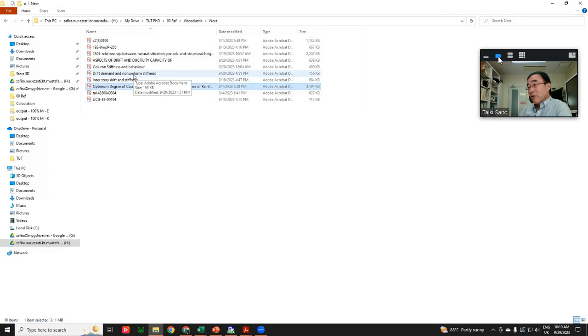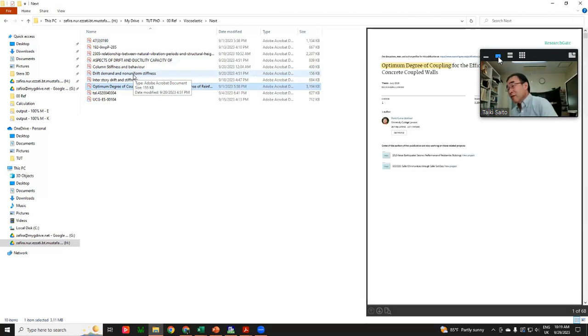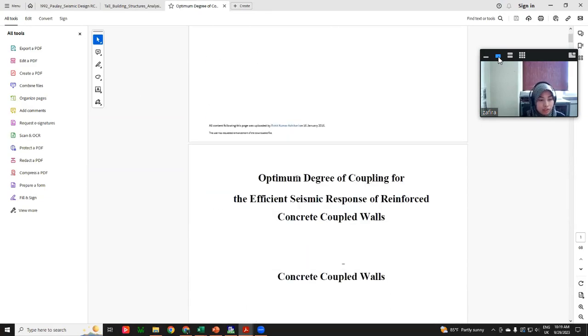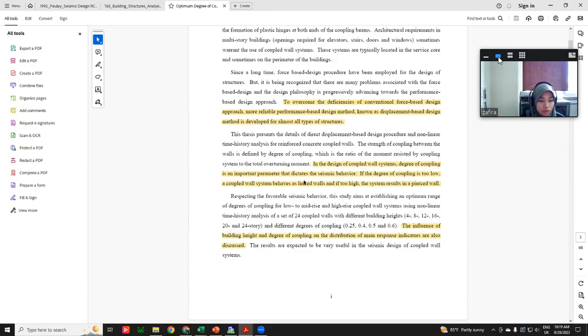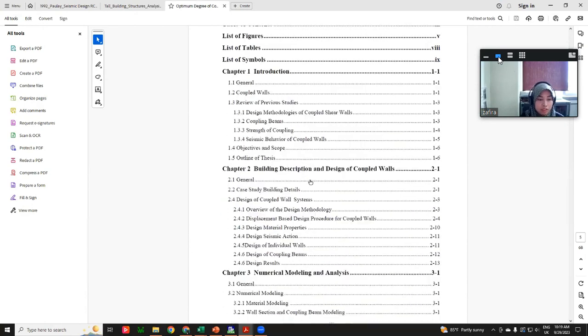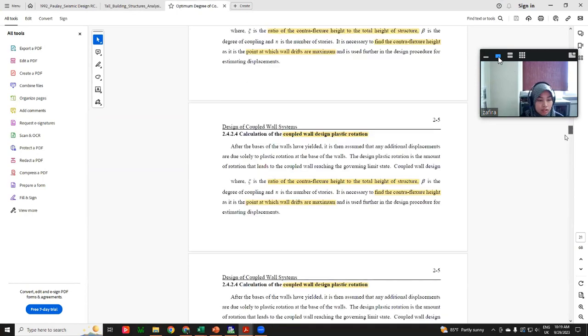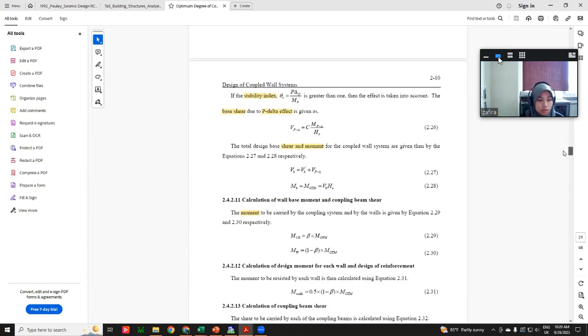If you say the coupling ratio affects the result, maybe the equation includes the coupling ratio. Actually, in displacement-based design, they already have an interstory drift formula. So based on the degree of coupling, they can predict the interstory drift. This is based on the Tokyo University students.